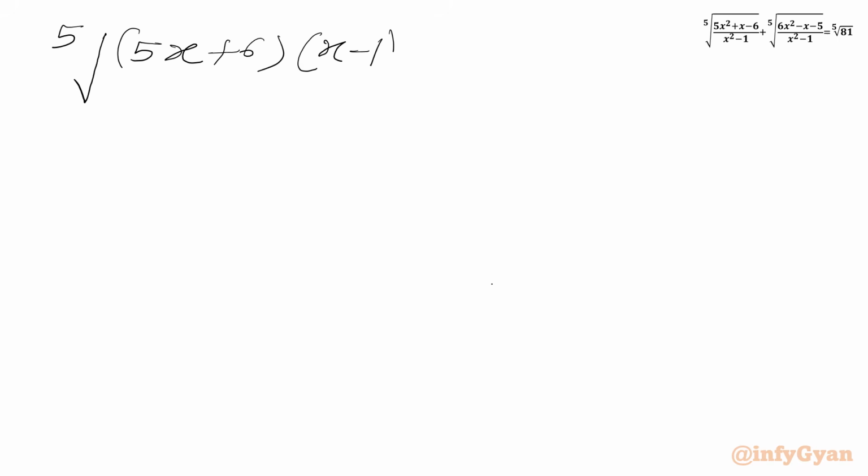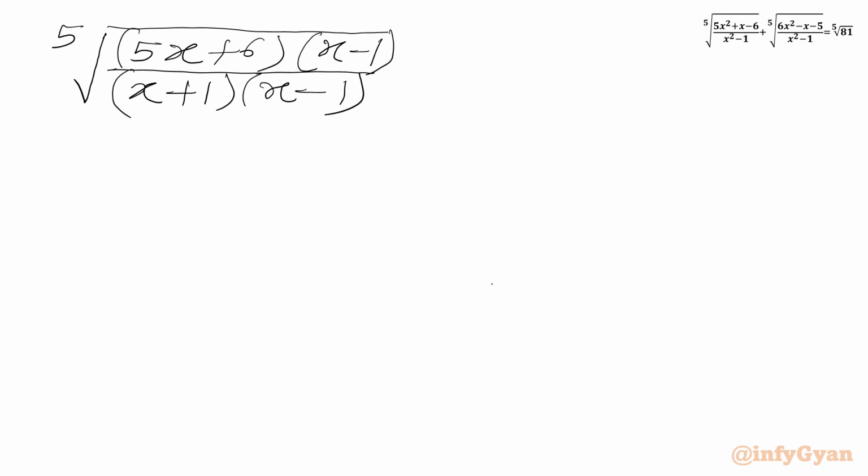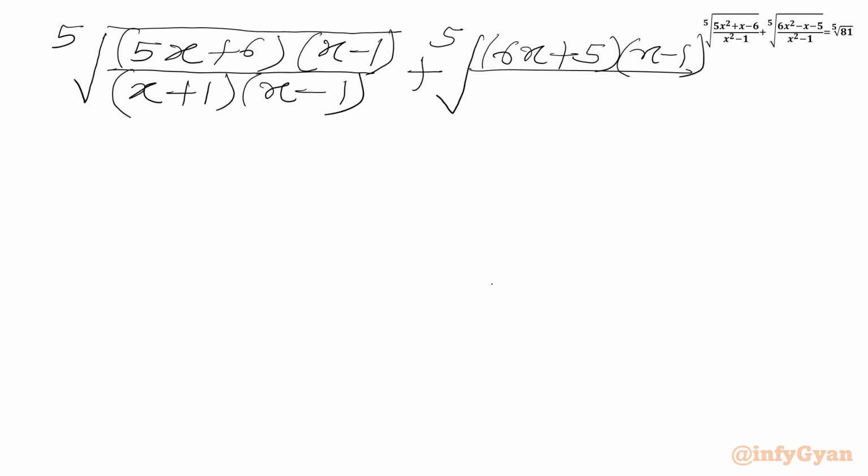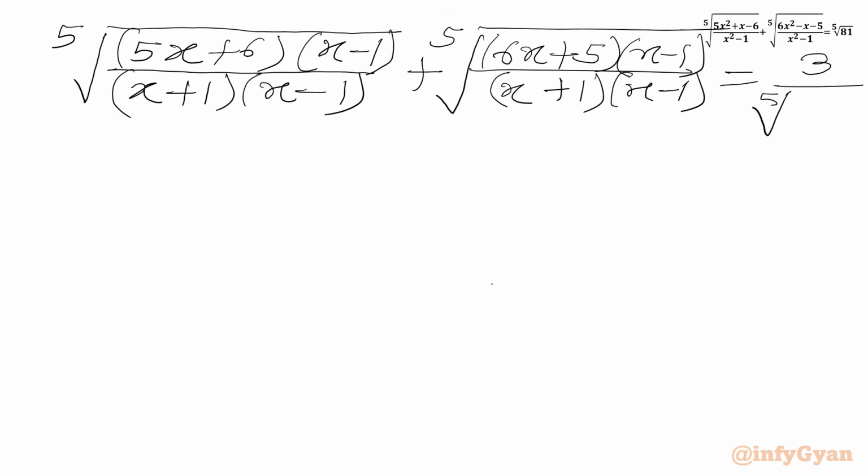We will write the equation: fifth root of 5x plus 6 times x minus 1, in the denominator x plus 1 times x minus 1 using the difference of two squares identity, plus fifth root of 6x plus 5 times x minus 1 over x plus 1 times x minus 1, will be equal to 3 over fifth root of 3.